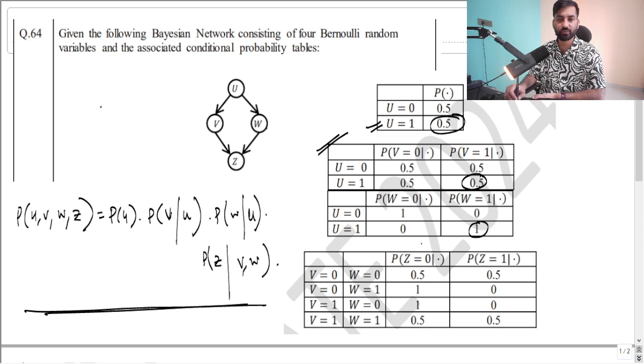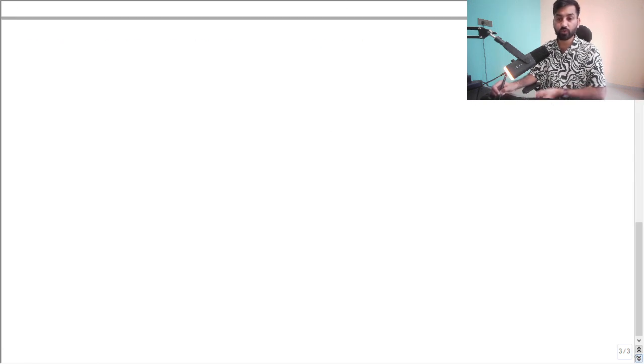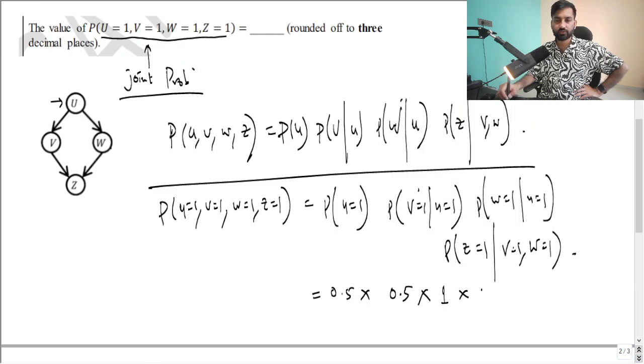So this is going to be 1. So I can just multiply 1 and then go to the third table. It was a very easy question, right? You just refer to this table and look at this, so 0.5 only. If you multiply all these, you'll get 0.125.